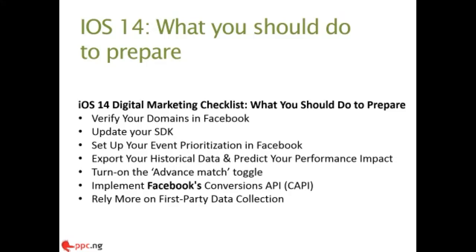And also going forward, due to these changes in attribution settings from the 28-day default window to 7-day click or 1 day after view, you might not get your reliable data instantly on the Facebook advertising platform.